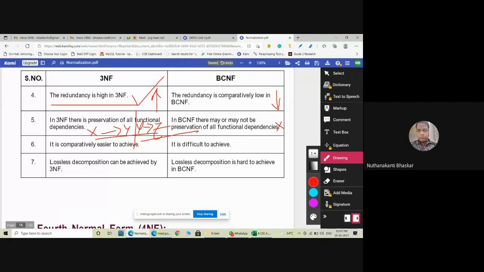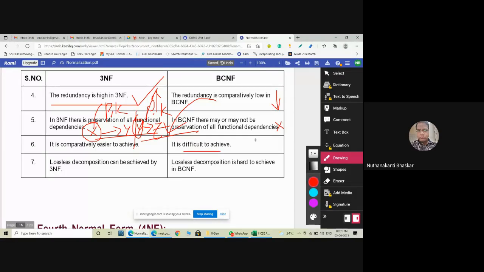But in BCNF, along with this decomposition, we need to check again that X must be a primary key and Y must be a primary key. If any attribute is required, you add it for this implementation. And after decomposition, we need to check dependency preservation and lossless join. That's why it is more difficult to achieve.